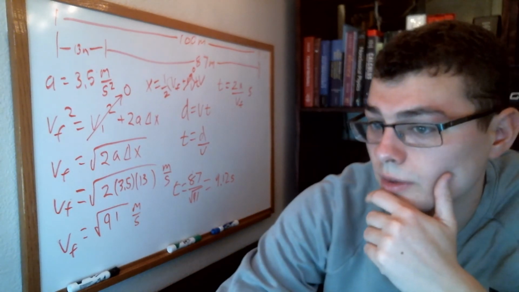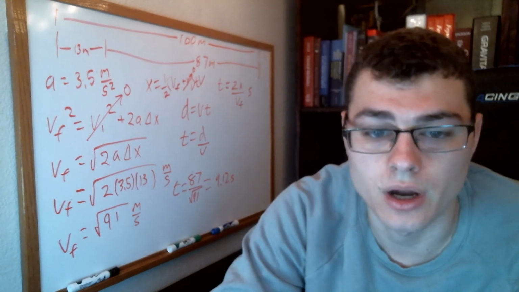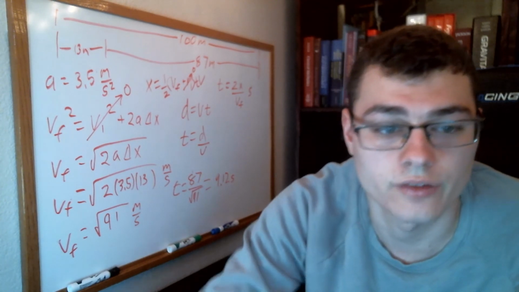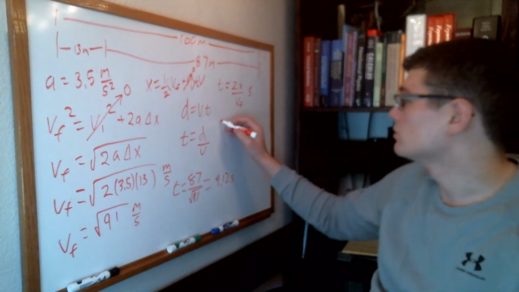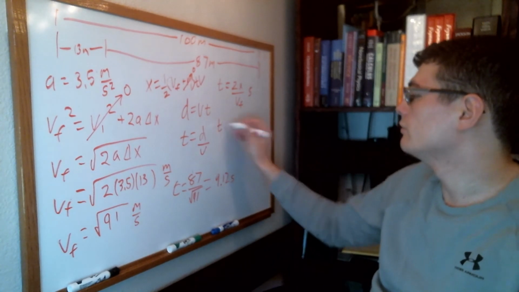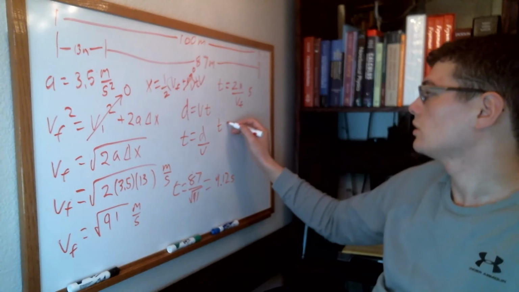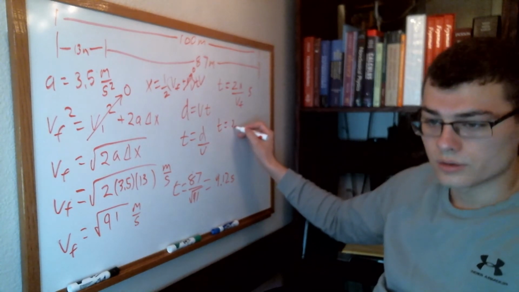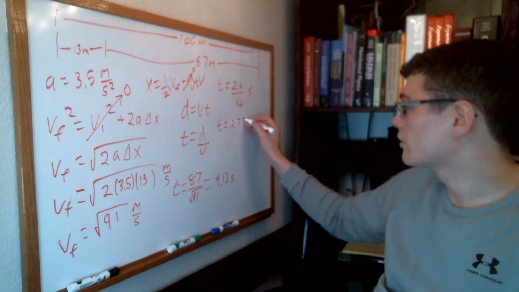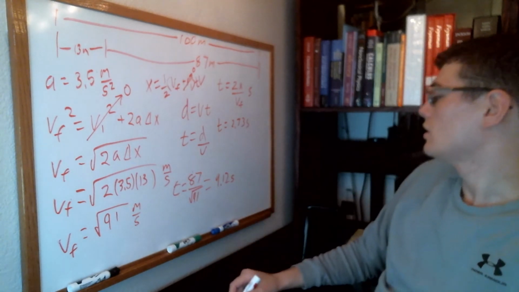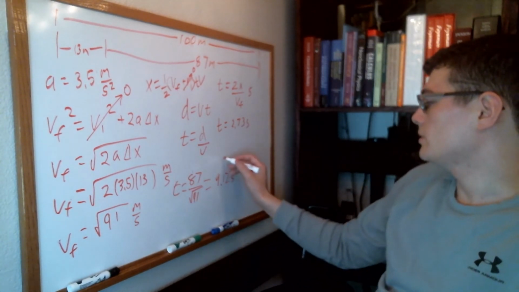I'm just going to think about the answer for a second. All right, so I was plugging in a for Vf, and that was my problem. Vf is just the square root of 91, and so that'll give you 2.73 seconds. So now you just got to add them up.